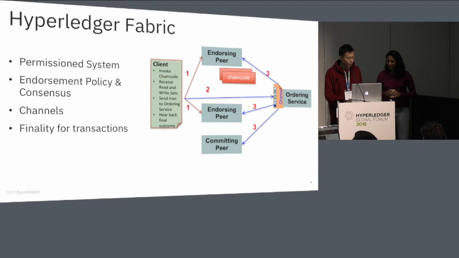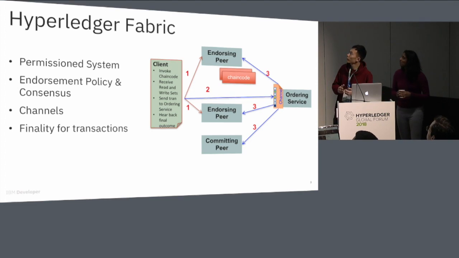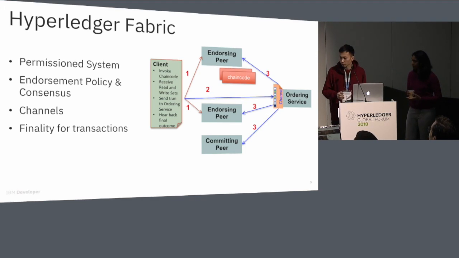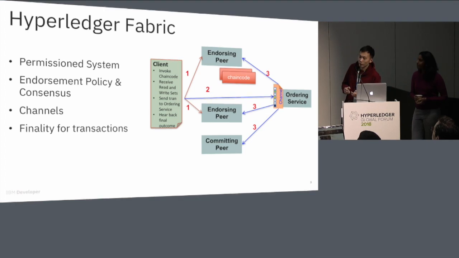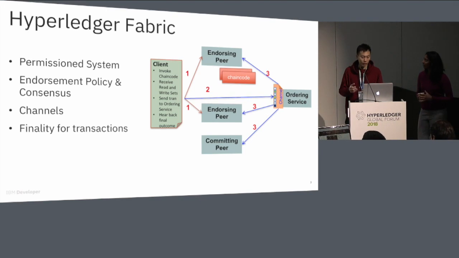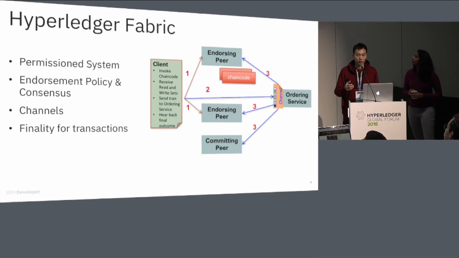Okay, you want to do that? I just want to have a quick recap of how a Fabric transaction works. This is the basic transaction workflow in Fabric. First you have a client which sends the transactions to Fabric endorsing peers, where they collect the signatures on those transactions based on the endorsement policy.